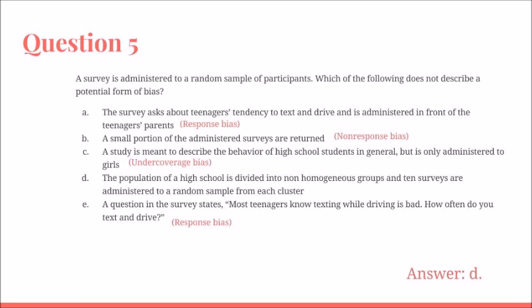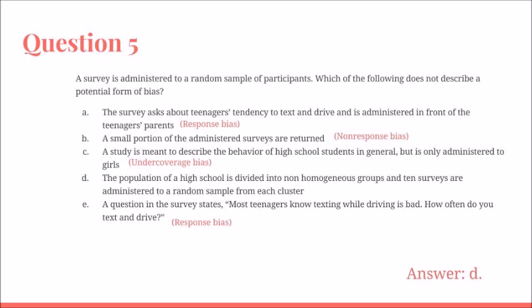Answer choice C contains undercoverage bias since it only asks girls and it failed to represent the boys' opinions. Answer choice E contains response bias since the wording of the question that says most teenagers know texting while driving is bad impacts the sample's answer, and they will be likely to answer with less honesty.